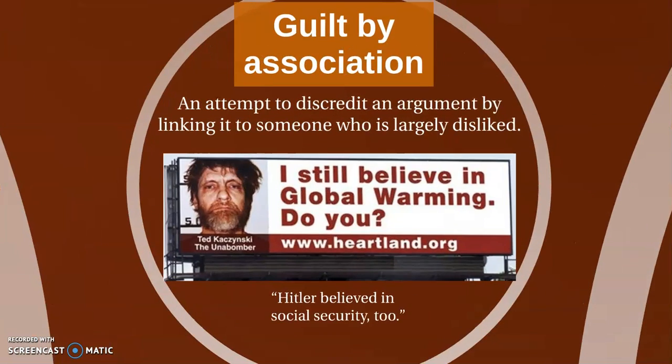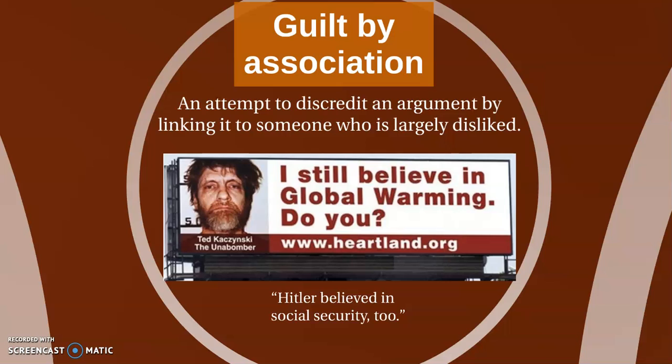Guilt by association is a fallacy where you're trying to discredit the person who is arguing against you or the argument itself by linking it to someone who the public typically doesn't respect or like very much. This billboard says, "I still believe in global warming, do you?"